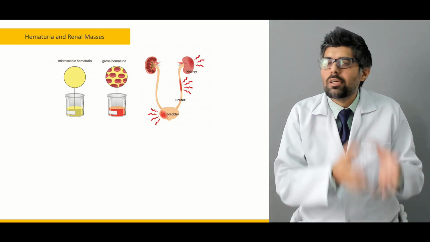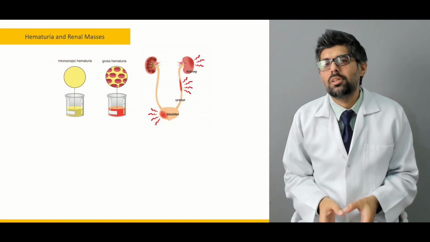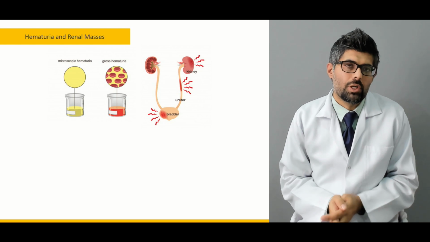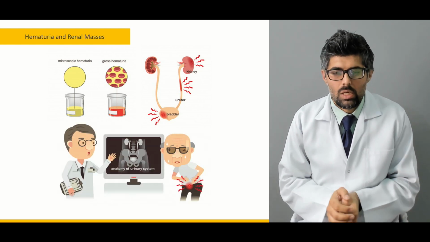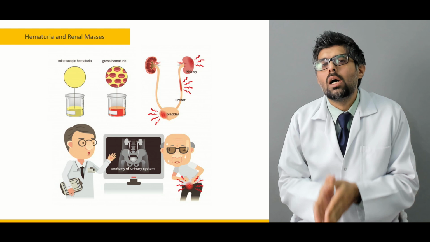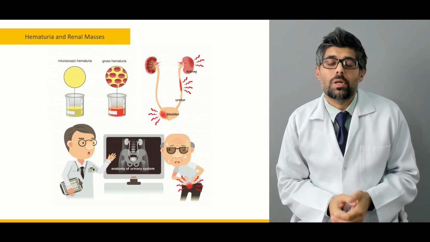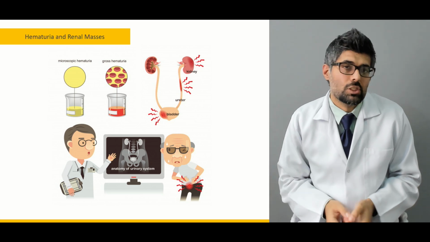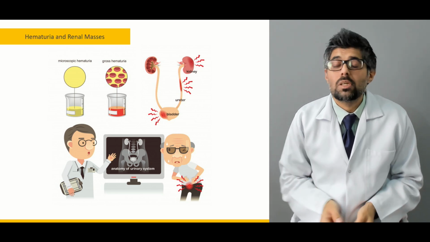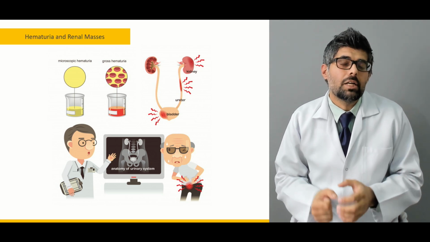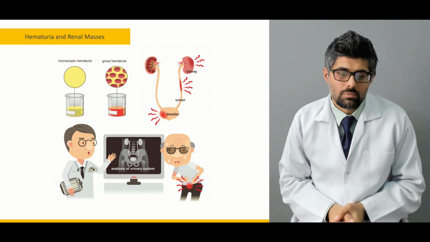Wherever vasculature is high in the urinary system, any damage will lead to hematuria. Hematuria in the urinary system, especially the macroscopic one, is of special interest because it must be evaluated further, examined, and treated.